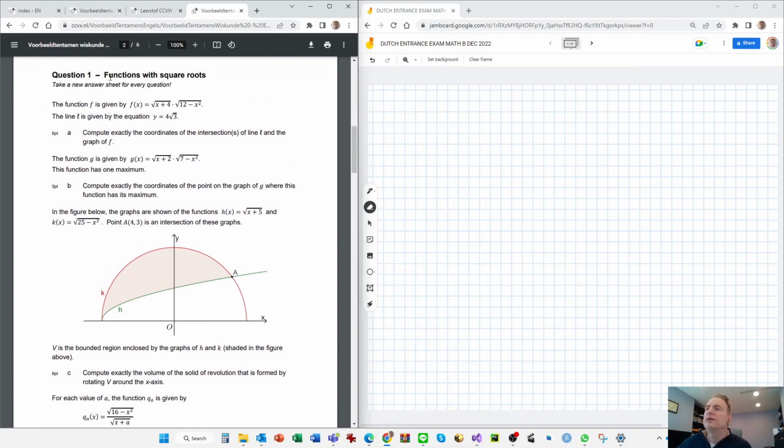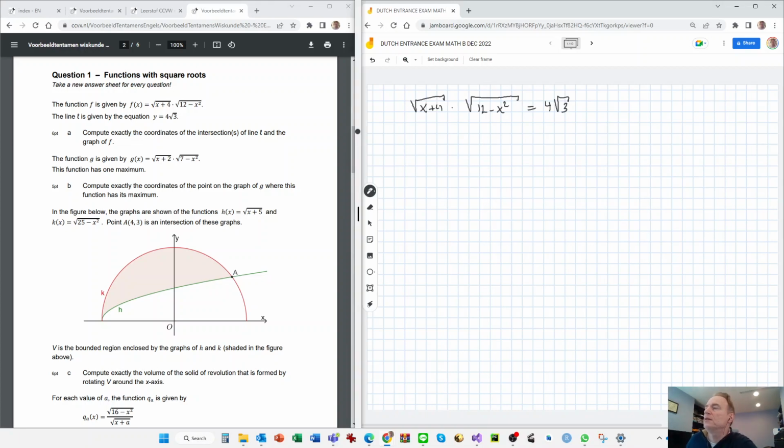Question 1 is a function with square roots. There's a function f given and a line L, and we need to compute exactly the coordinates of the intersections. So in this case we would need to solve the square root of x plus 4 times the square root of 12 minus x squared equals 4 times the square root of 3.